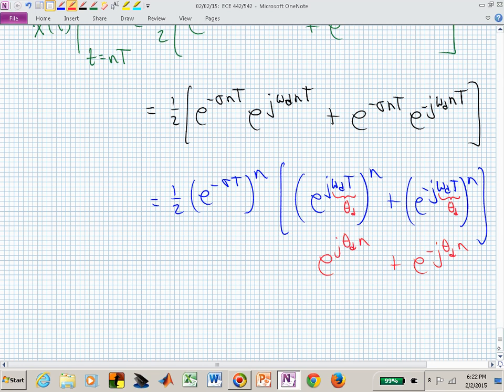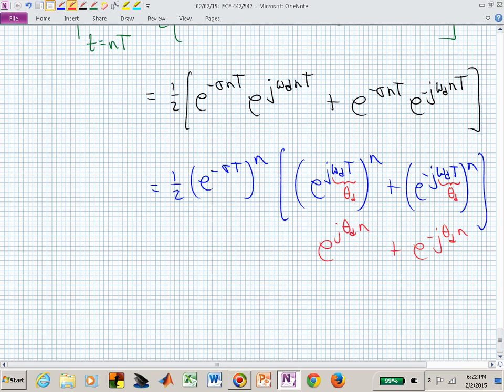And oh, Euler is just screaming to come out, isn't he? That's e to the jx plus e to the minus jx. That's two cosines of x, which now says that we can write that as 1/2 e to the minus sigma T to the n, 2 cosine theta sub d n.